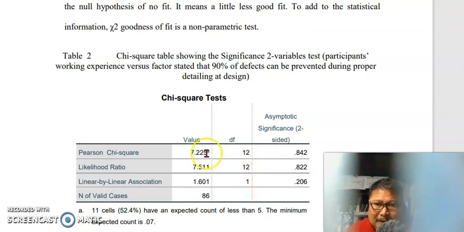You can see here the value and the linearity association 1.6 and also the asymptotic significance 0.8, 0.8 and 0.2 show the variables still relate and are still significant, of those two variables, the working experience and this hypothesis of the 90%.